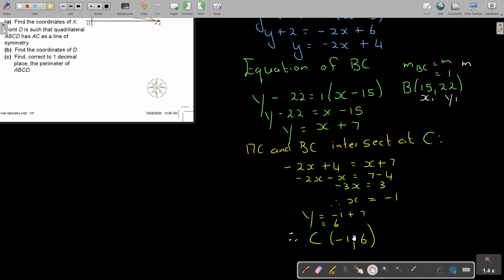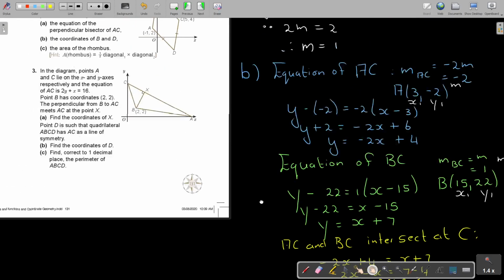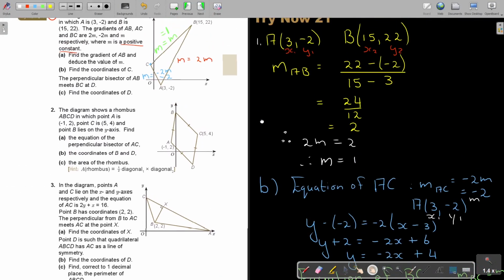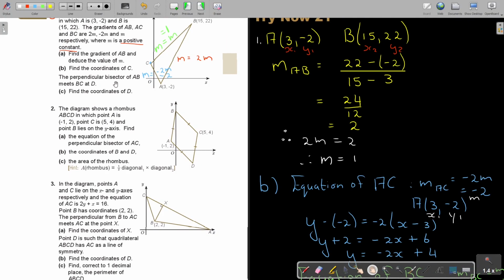Okay, and then you look at the next one. Now they go on. The perpendicular bisector of AB meets BC. Okay, so let's just get a line there. The perpendicular bisector is going to be in the middle, and it's going to look something like this.